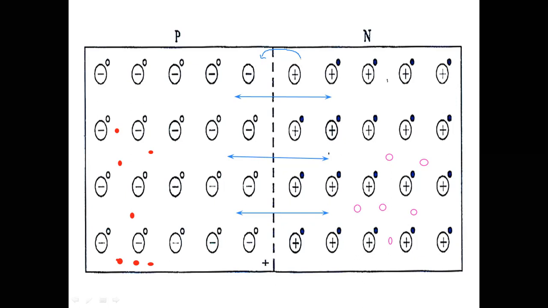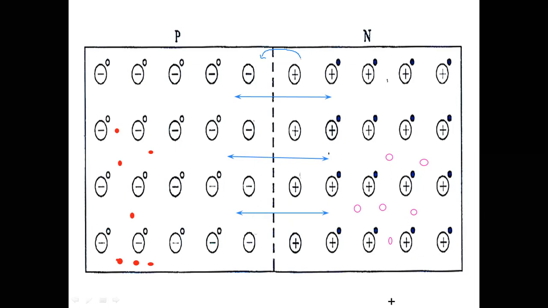Likewise, if this electron moves towards the p side, then it loses the electron, and it loses the hole. This is a process which will occur throughout the semiconductor material. So this electron is moving towards this side and the hole is moving towards this side, so both are recombining. This negative atom has no hole here, and this positive atom has no electron here.